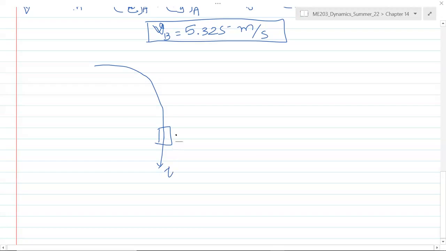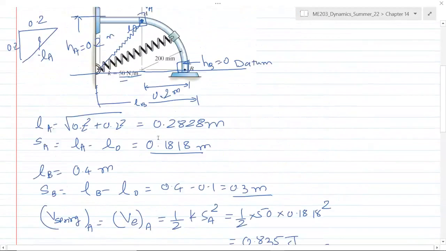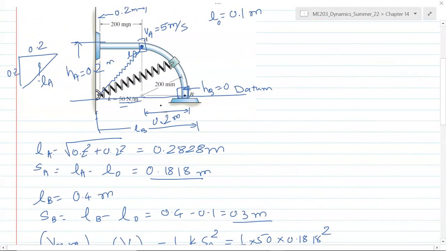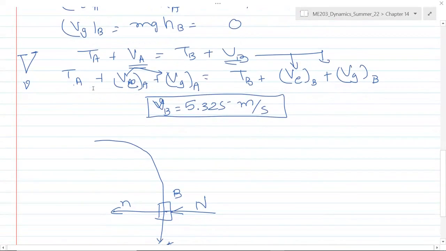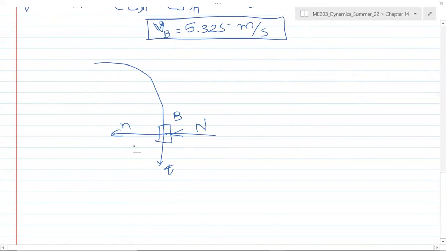So this is the tangential axis, this is the normal axis, and that's point B. And the normal force that it experiences is this normal force plus, because there is a spring here, when stretched, this spring will apply a force on the collar in this direction, F spring. So there is one more force here, F, coming from the spring.